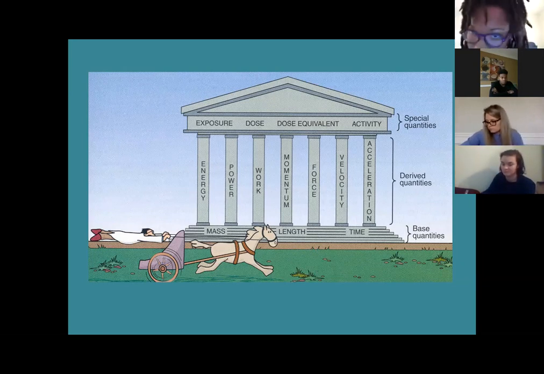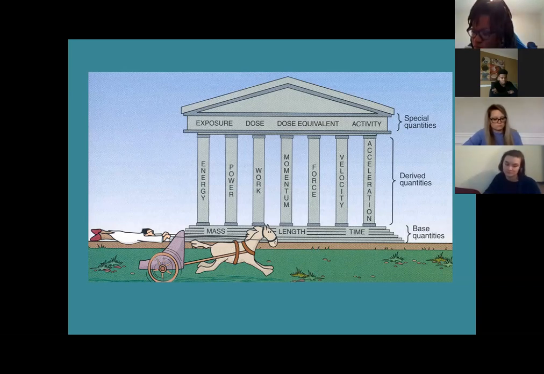All of those would fall into a special quantities category. And we're not going to worry about them in this class. You'll talk about those in radiation safety and in radiation biology, and also in QC. But anyway, we're going to focus on the base units and the derived units.